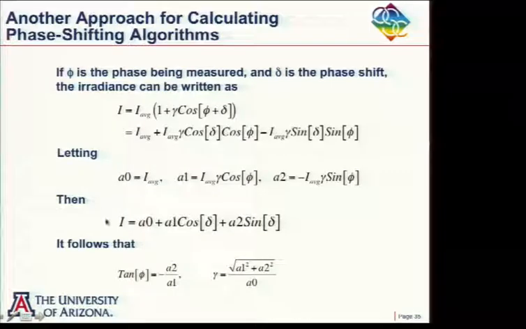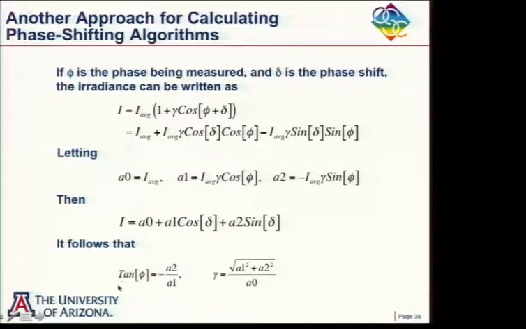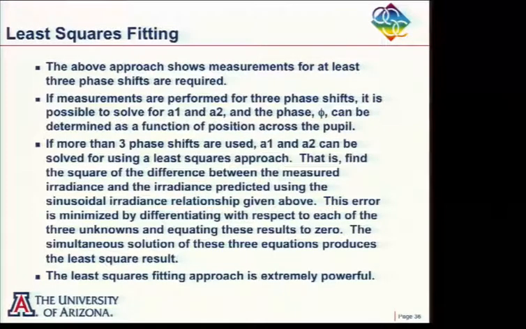I do the measurement at 3 values of delta, and so I'm going to have 3 equations for the 3 deltas, and I can solve for A1, A2, and A naught if I want. And once I know A1 and A2, I can solve for the tangent of the phase. Okay, so what? Now we get to the good part.